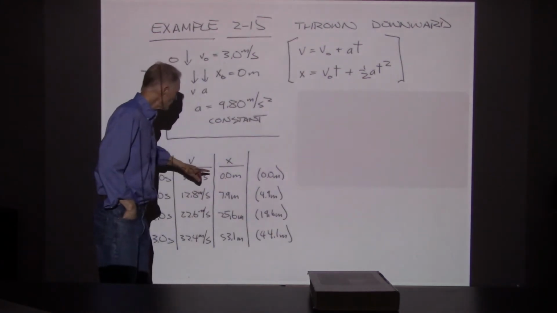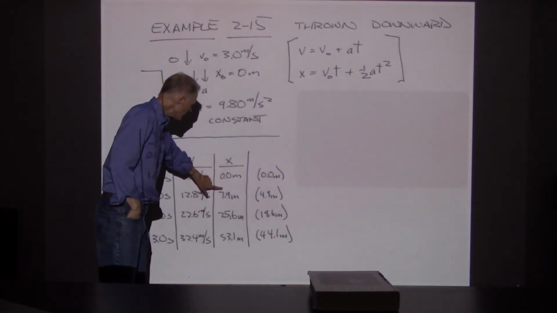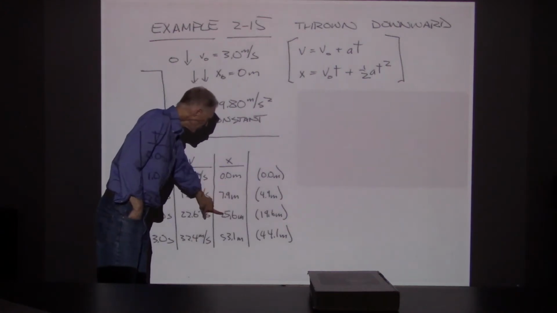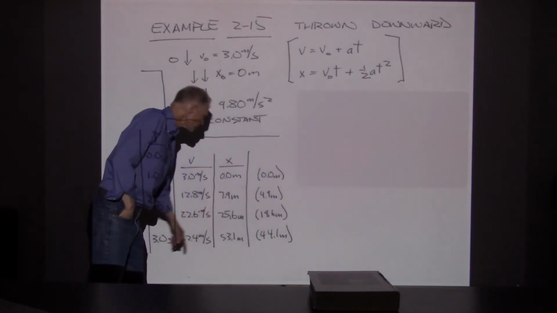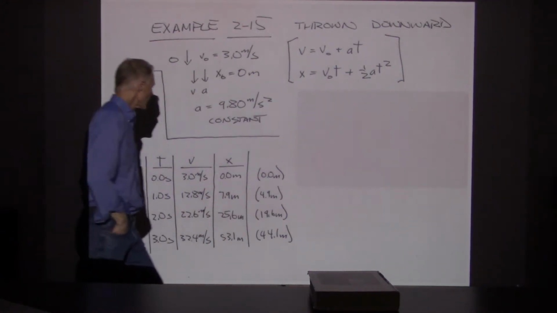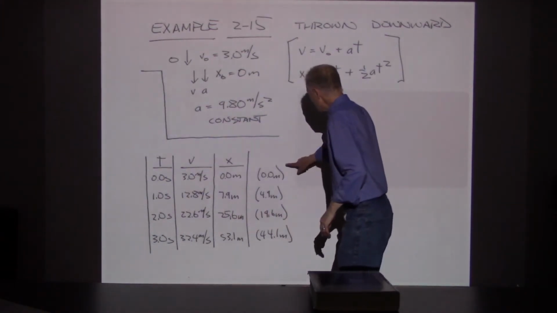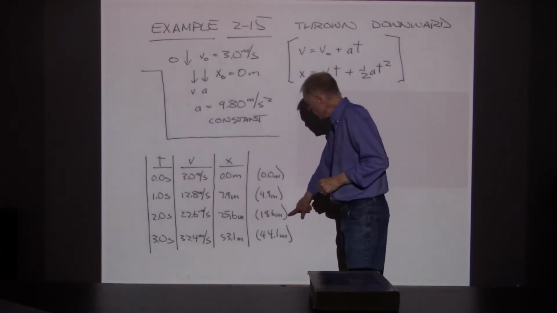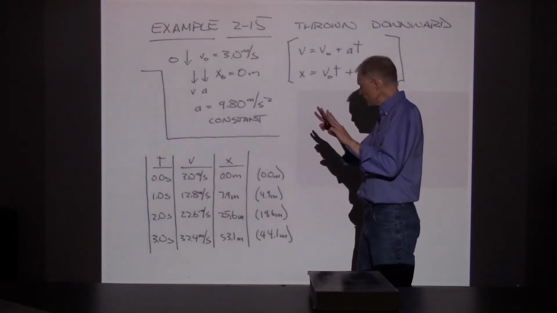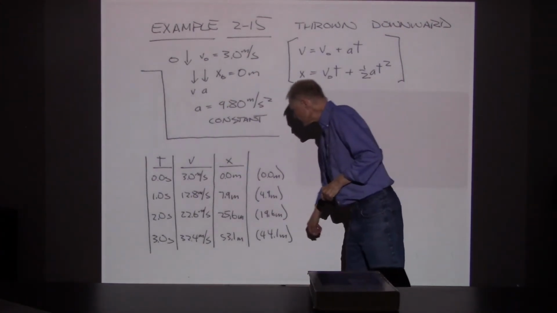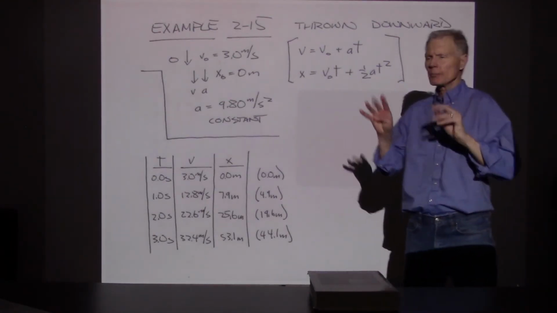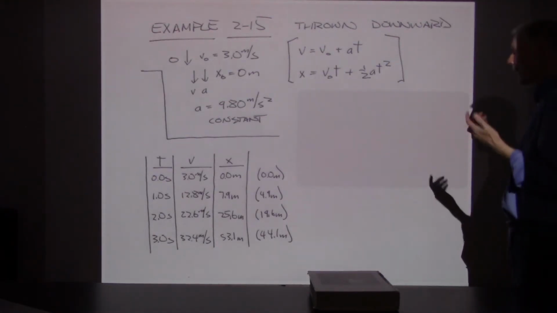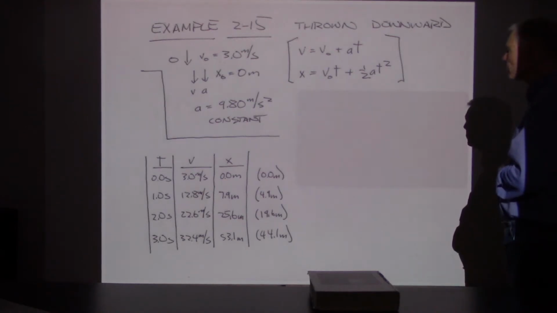And so with that in place, I'm getting 7.9, 25.6, and 53.1. And notice, compared with what we had before, this was an additional 3 meters. This is an additional 6 meters. And this is an additional 9 meters. So yeah, I'm picking up that extra displacement.